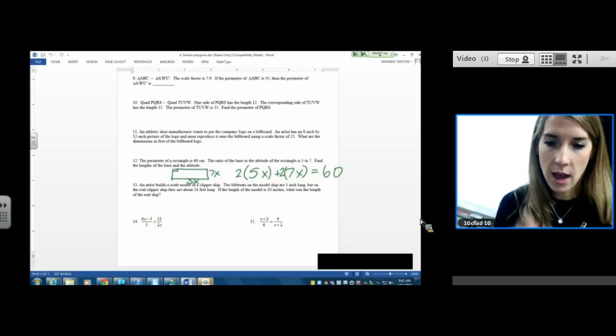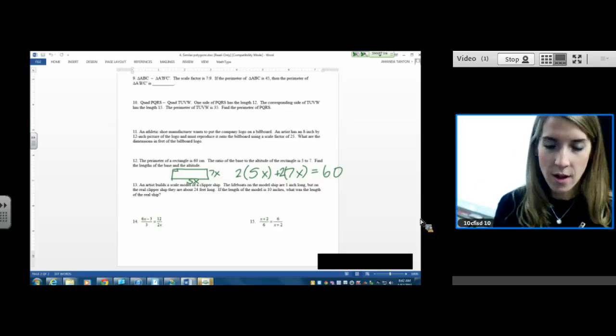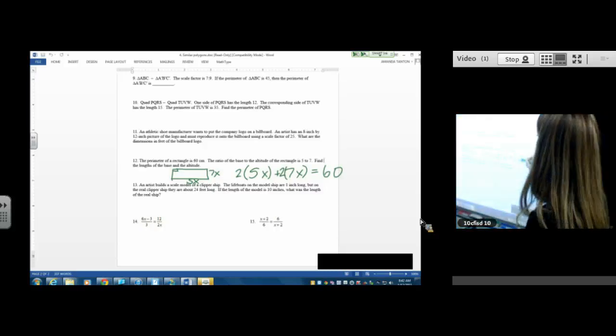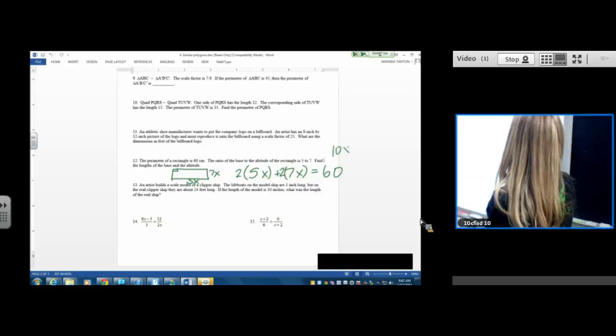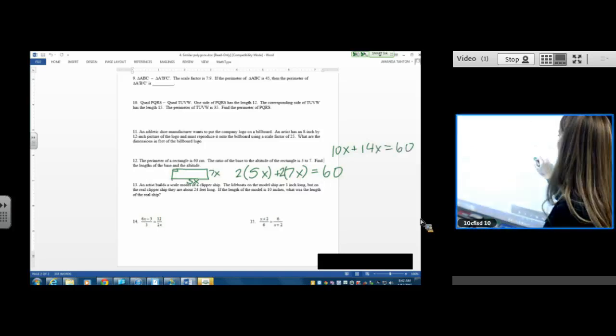So 2 times the base plus 2 times the altitude equals the perimeter, because there's 2 of the 5x's and 2 of the 7x's. 10x plus 14x equals 60.